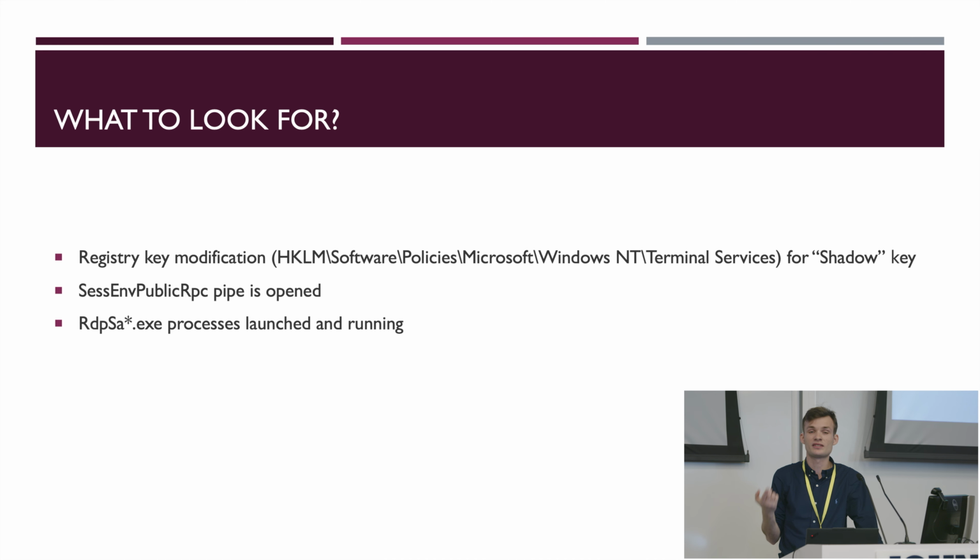It exposes a single element, single method. And you need to be monitoring for the RDP assay.exe file and assay proxy, because those executables are responsible for isolation and communication between the targeted session and your session.